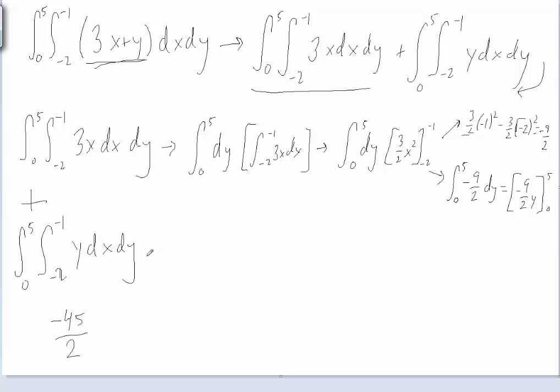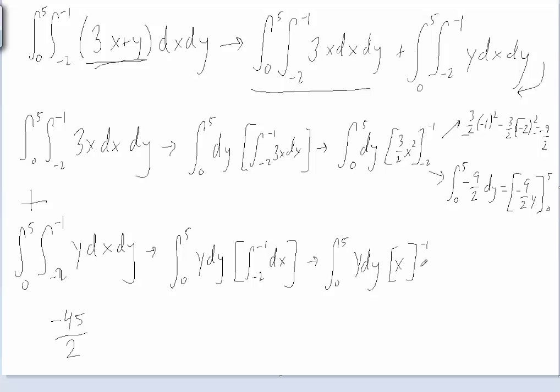Now for the second, we're going to find the inner first, which is the integral from -2 to -1 of dx, which is x evaluated from negative 1 to negative 2.